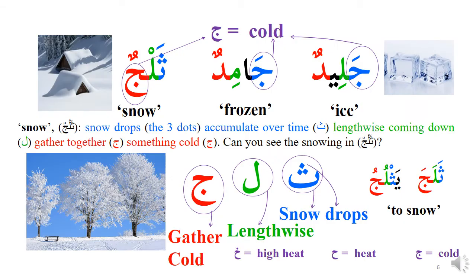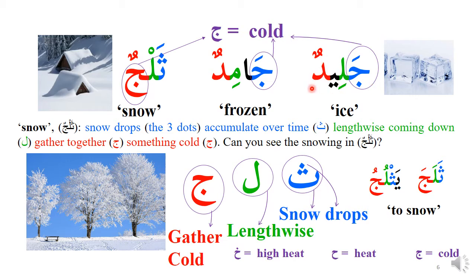Okay, now you see this Jim has a cold meaning. Then you can see that Jalid means ice. I have already told you Jalid means ice, and Jamid means frozen. Here Jalid means ice because Jim is something cold, Lam is clinging, Ya is something liquid, and then Dal means something solid, something on which you can push, like Dafun.